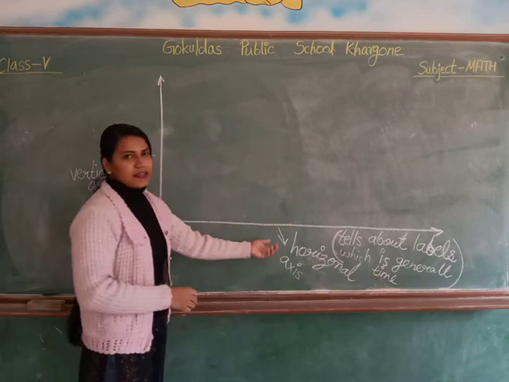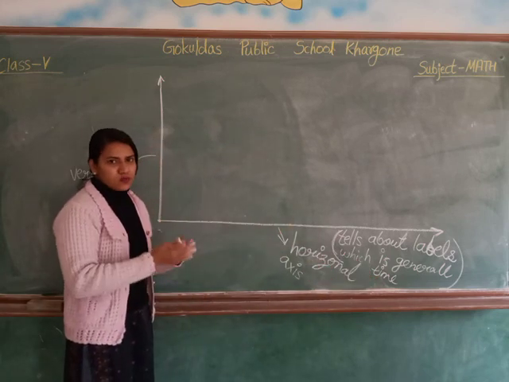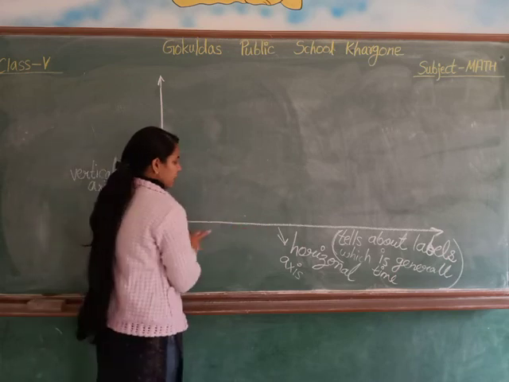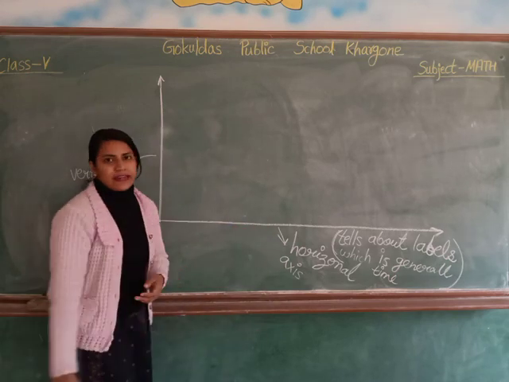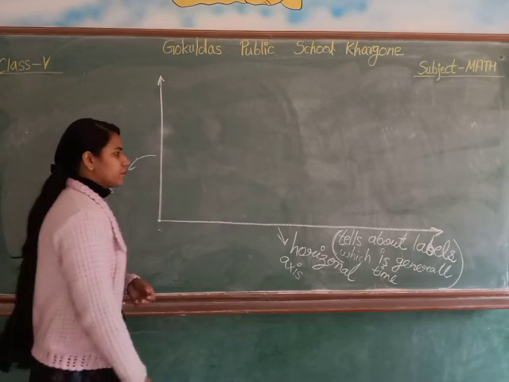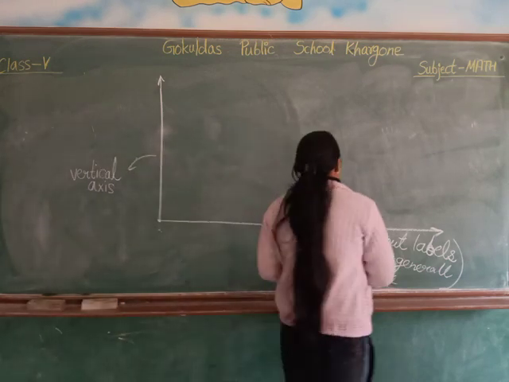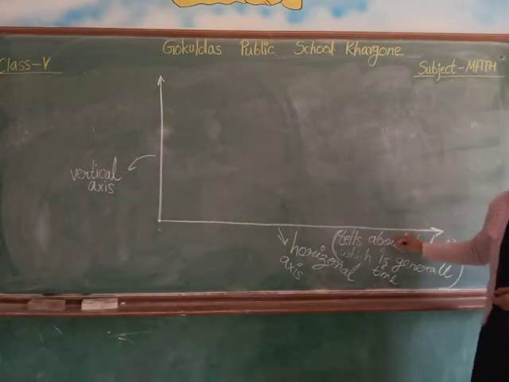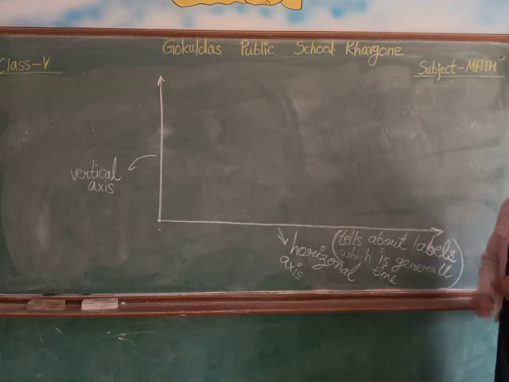It may be time periods or it may be days, Monday, Tuesday, Wednesday. All this data you will write on the horizontal axis. The data related to time you will write on the horizontal axis.